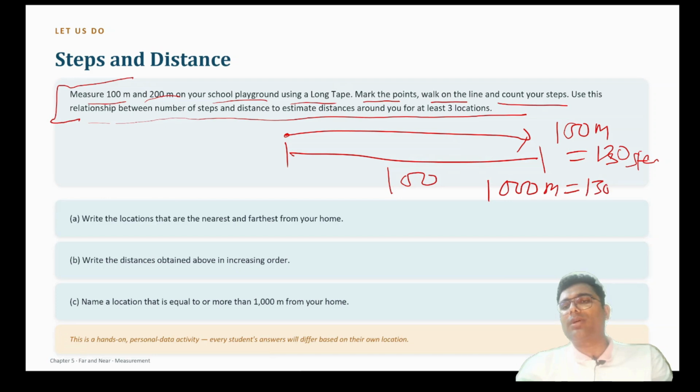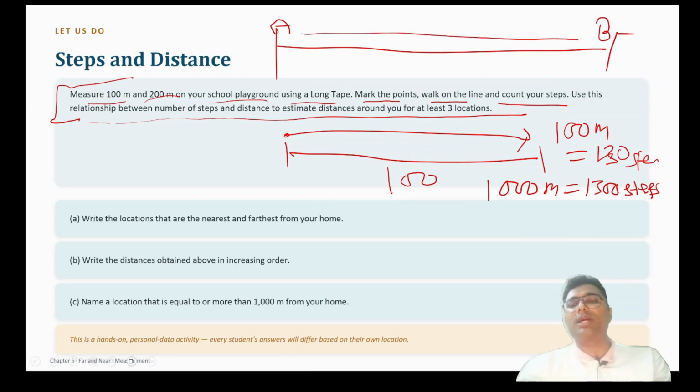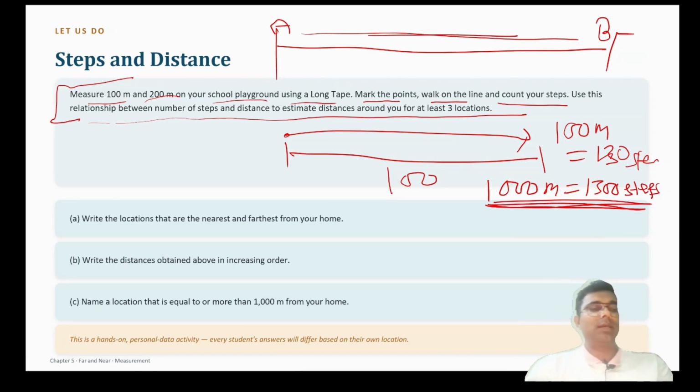You will take 1300 steps. From this calculation you can easily find the distance between two locations. For example, from location A to B, if you have to find the distance, you will walk and count the number of steps, and by using this relation, you can find the distance.